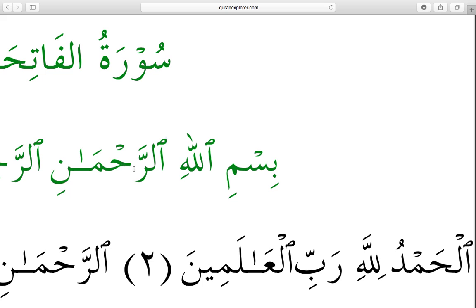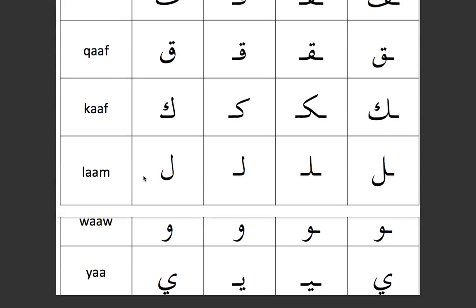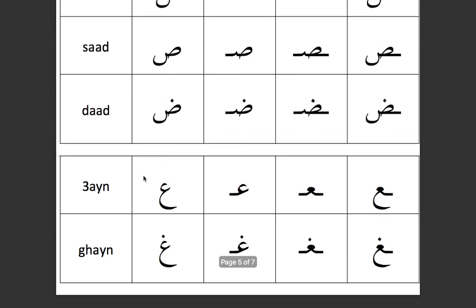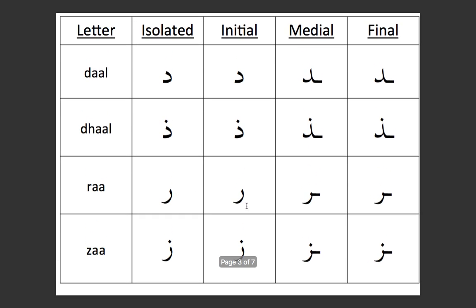Next we have Ar-Rahman. The word is Ar-Rahman. And it consists of the isolated form of the letter Alif, the initial form of the letter Lam, and the final form of the letter Ra. So I'm going to switch back. I'm going to show you the final form of the letter Ra and what it looks like.